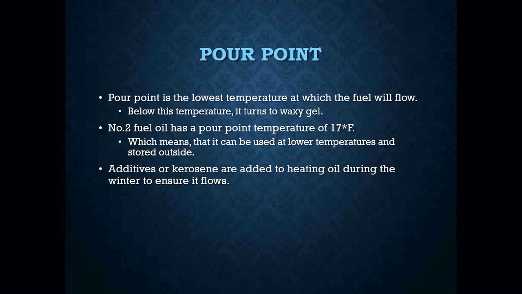Additives or kerosene are added to heating oil during the winter to ensure that you have good flow. So additives are stuff that we can honestly put into your oil tank to help the oil flow easier. There's a lot of different ones that are out there that you can put in.